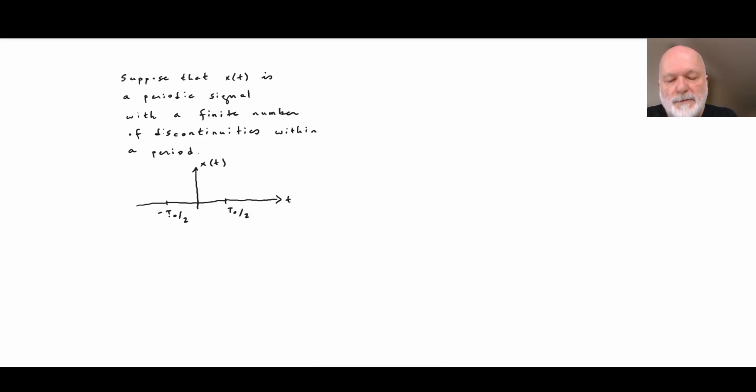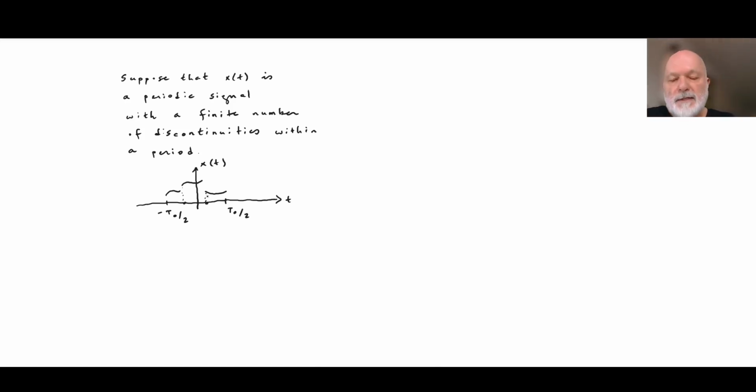So this is a period of x of t. And there we will have points where the signal is not continuous. Okay. For instance, at this point and this point, at these 2 points, the signal is not continuous.